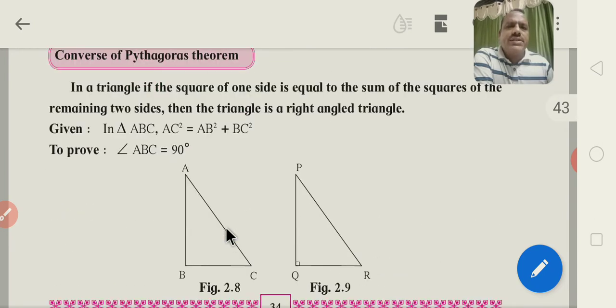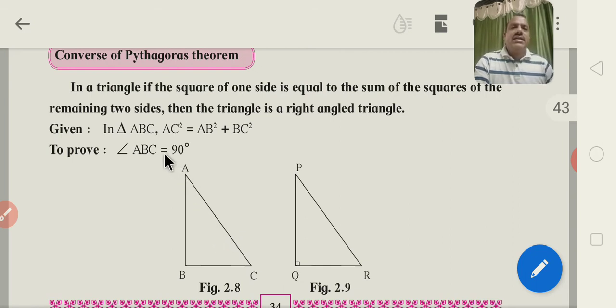Then the next point is the converse of the Pythagoras theorem. In a triangle, if the square of one side is equal to the sum of squares of the remaining two sides, then the triangle is a right angle triangle.